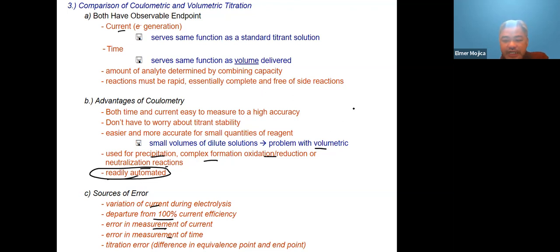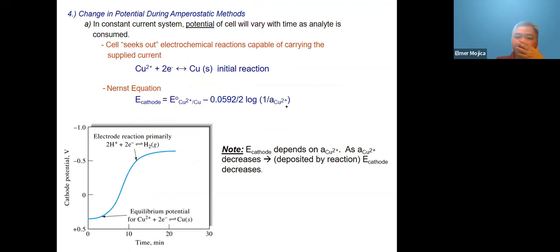Okay. Now, in the change in the potential during these amperostatic methods, usually, as much as possible, you want a constant current system. Okay, kaya natin tinatawag na amperostatic. So that means constant current. Now, sometimes the potential of the cell will vary with time as the analyte is consumed.